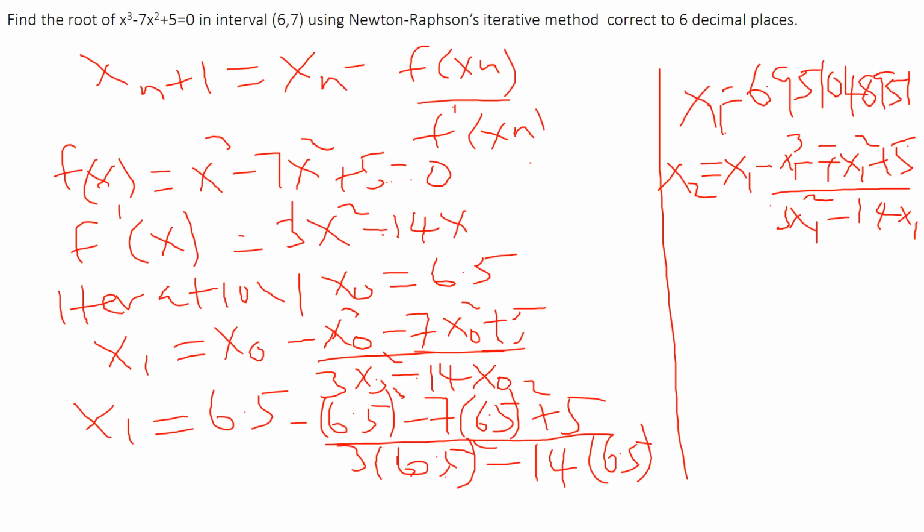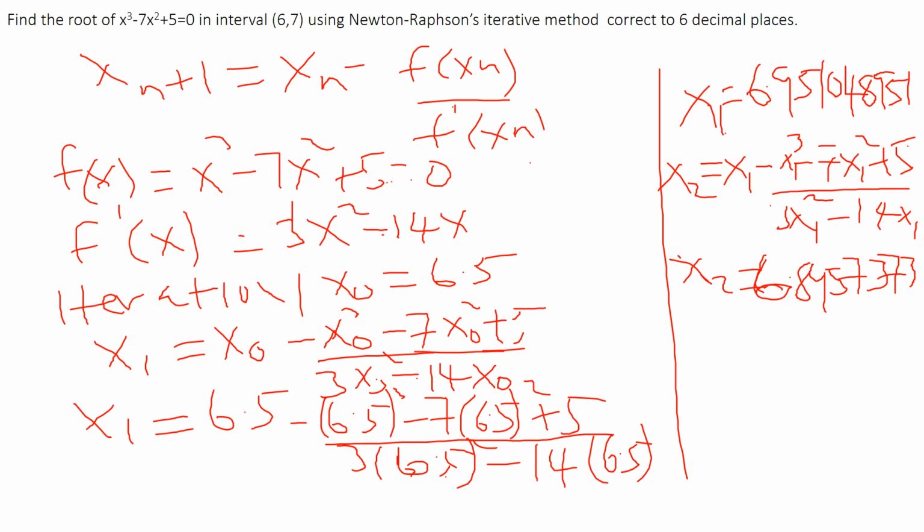Our x1 we have already calculated as 6.95, so we substitute, and we get our x2 equivalent to 6.89557.